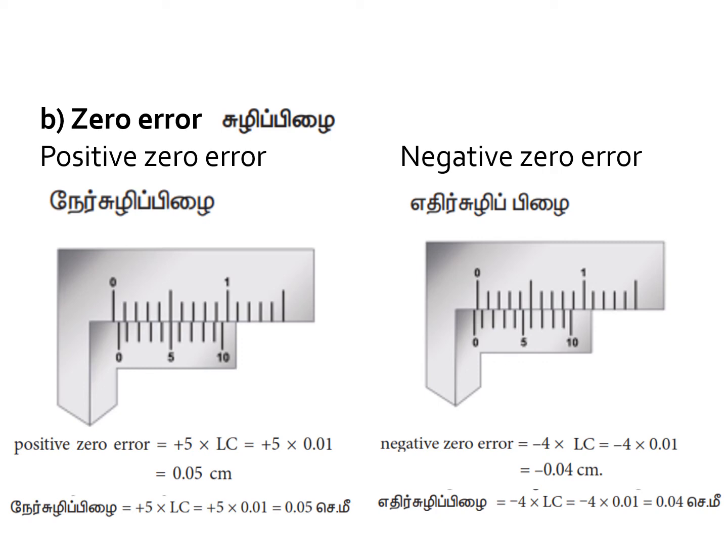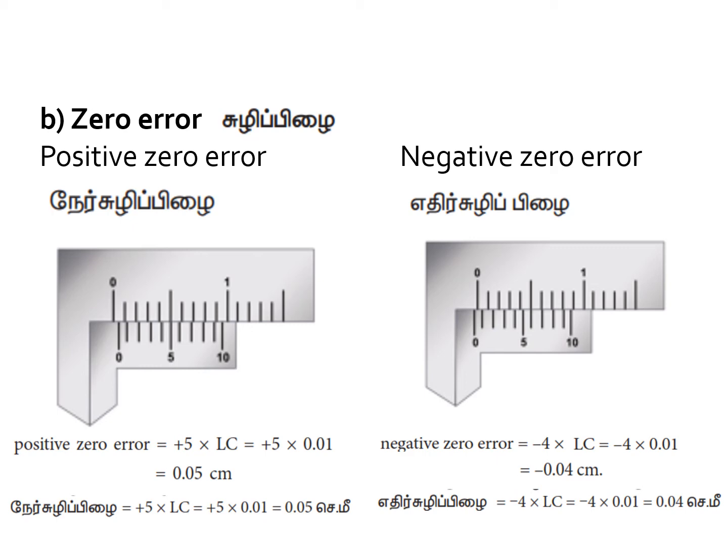To find the negative error, we can count backward. Here the fourth line is coinciding. Therefore, negative zero error is equal to minus 4 into least count, which is equal to minus 4 into 0.01, which is equal to minus 0.04 centimeter. Then zero correction is positive. Hence, zero correction is 0.04 centimeter.